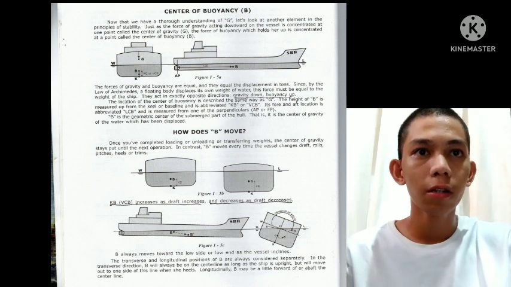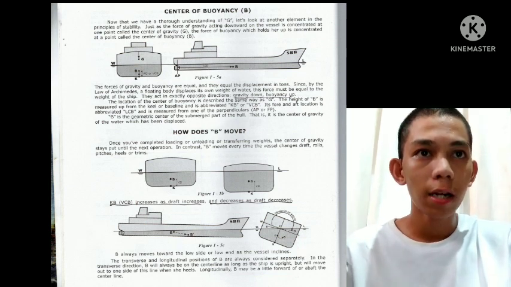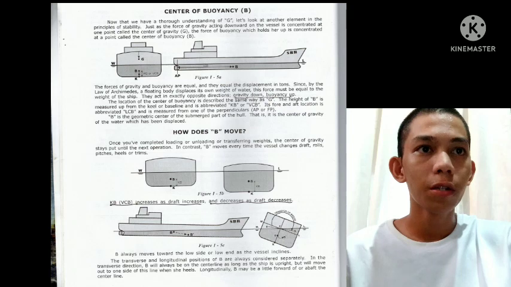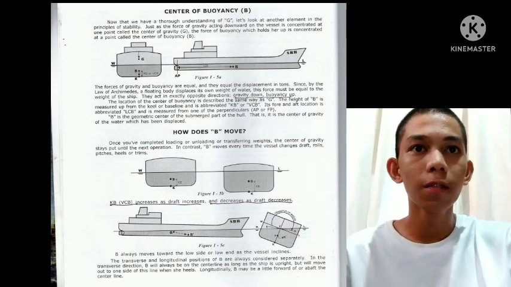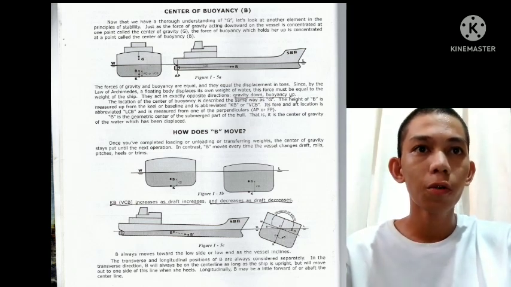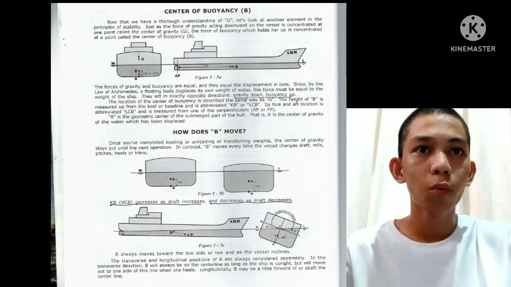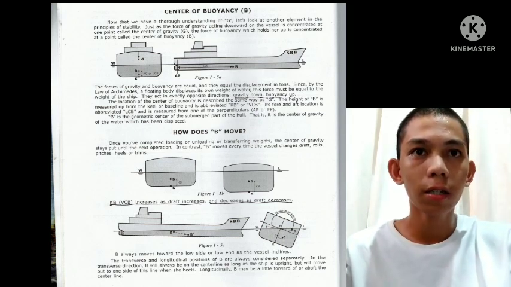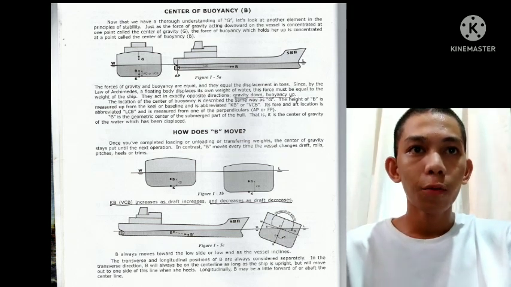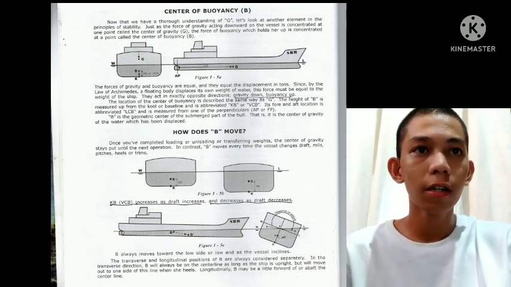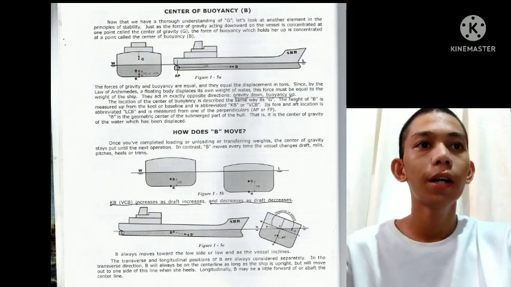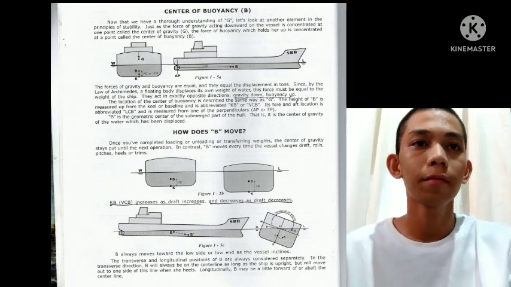The transverse and longitudinal positions of B are always considered separately. In the transverse direction, B will always be on the center line as long as the ship is upright, but will move out from the center line when she heels. Longitudinally, B may be a little forward or aft of the center line.